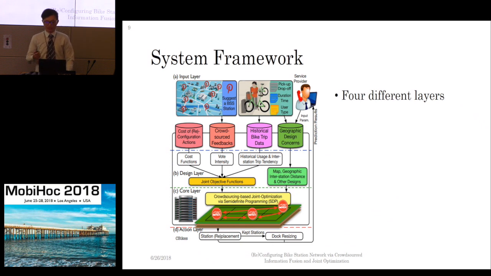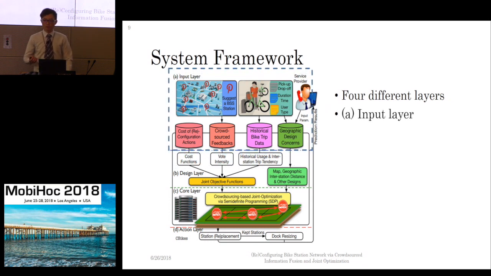Here we first present the system framework, which basically consists of 4 layers: the input, design, core, and action. In the input layer, different information sources are collected, including the crowdsourced BSS station suggestions, usage, and service providers' input.